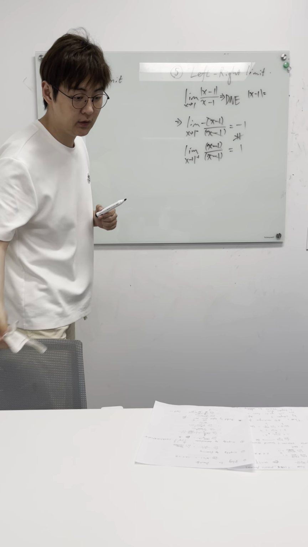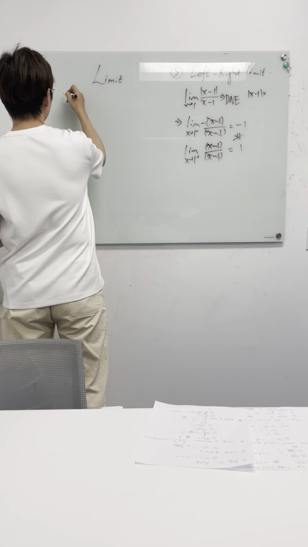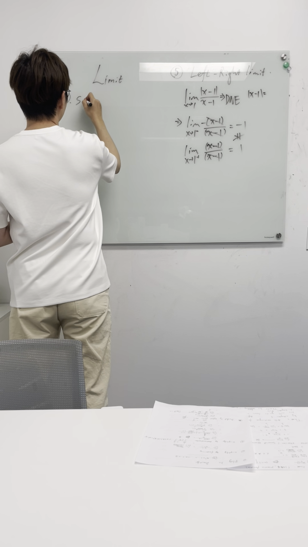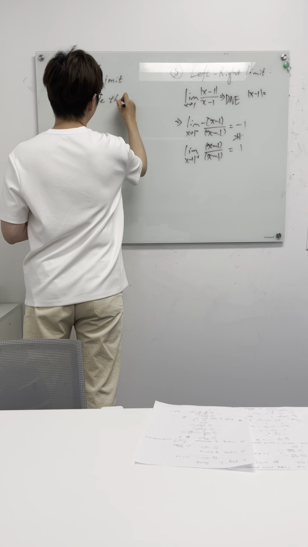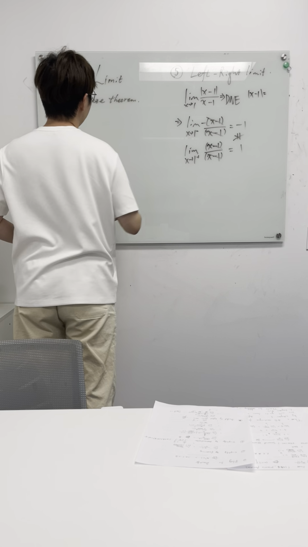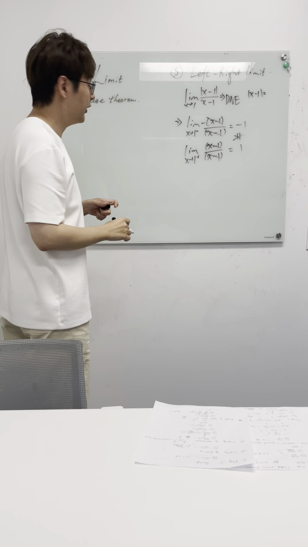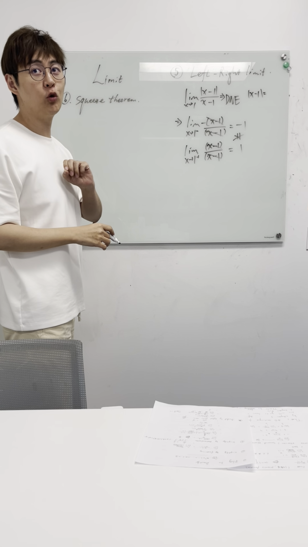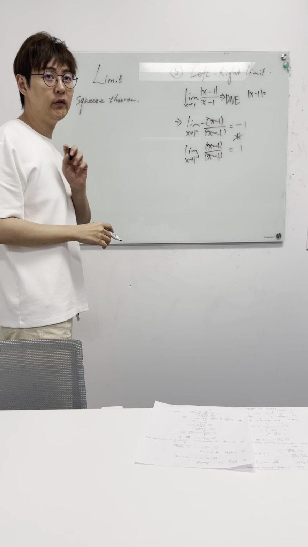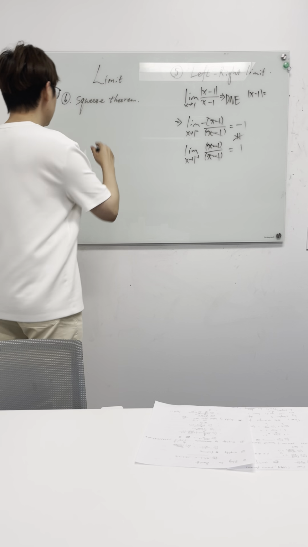And finally, the last technique: the squeeze theorem. Sometimes we call it the sandwich theorem. It's only for the situation where you see a sine or cosine, because sine and cosine have a bounded range.